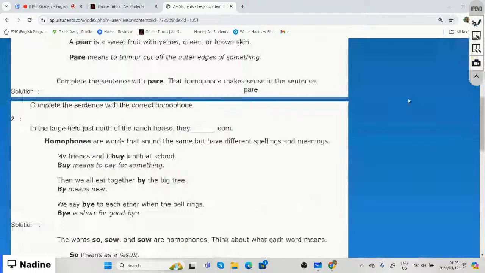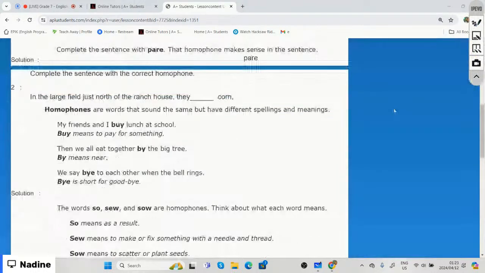All right, it says in the large field just north of the ranch house.